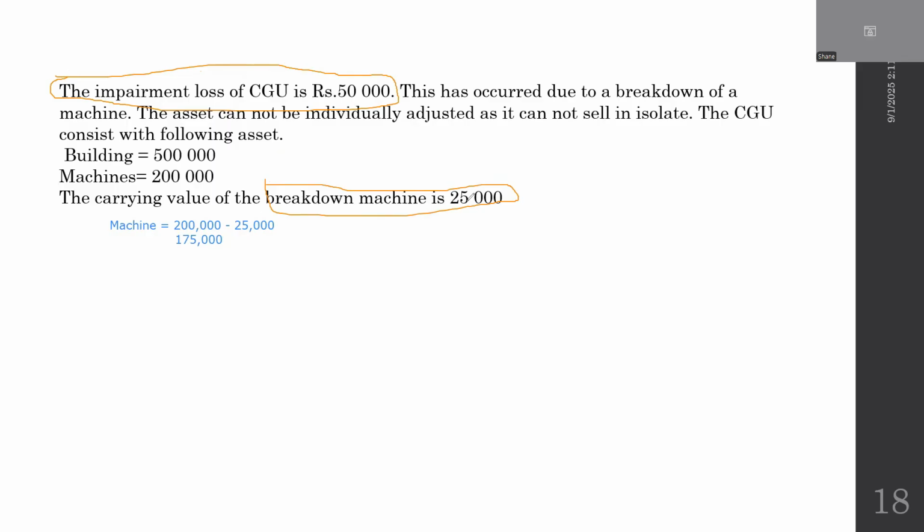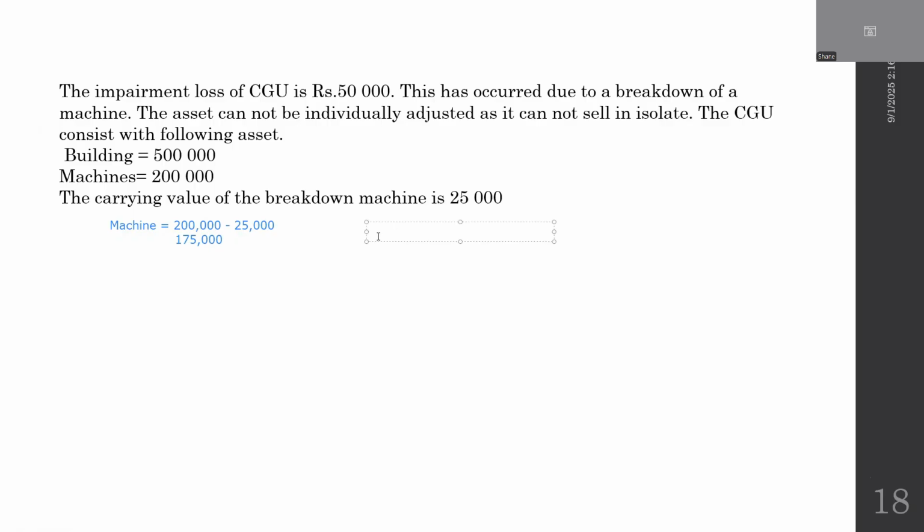After deducting this 25,000 from the 50,000, we also know there is a balance of 25,000. When I am writing here, the main impairment loss of the CGU is 50,000.